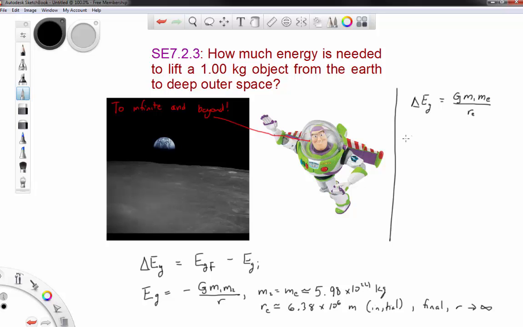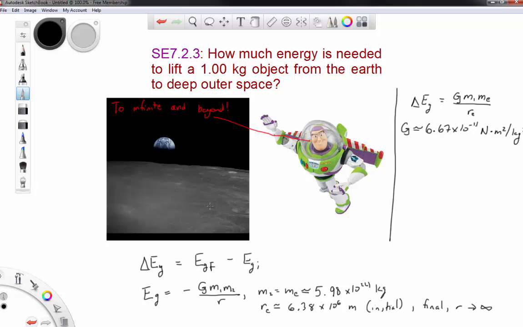And so basically we can plug in these numbers. Recall that G is the universal gravitation constant, which has a value of about 6.67 times 10 to the minus 11, in Newton meters squared per kilogram squared.